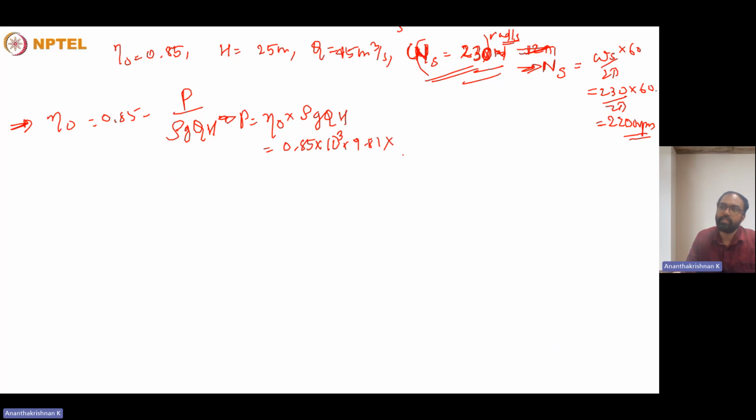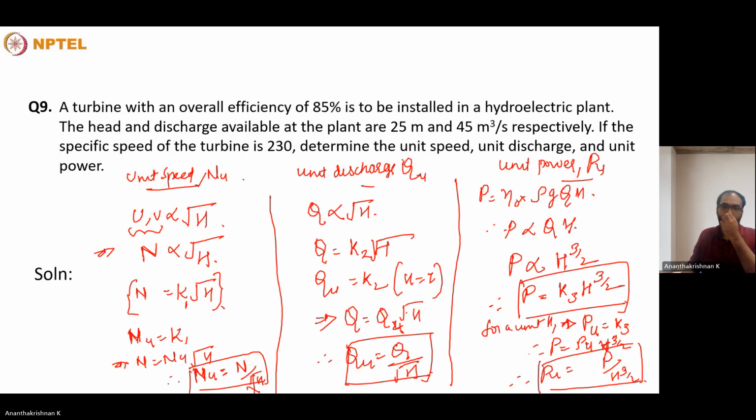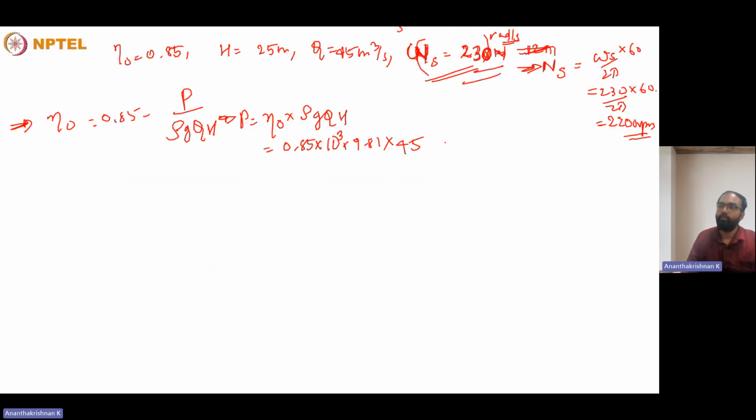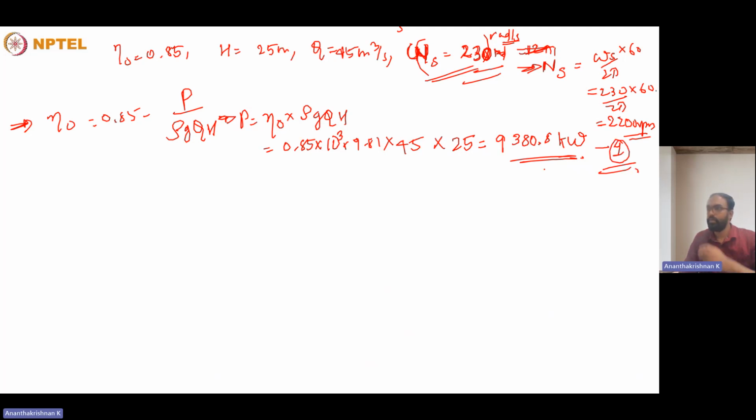In this particular problem, it is given as 45 meter cube per second. And the head is 25 meters. So it will come around to 9380.8 kilowatt. So that is the power. We can denote it by equation 1.